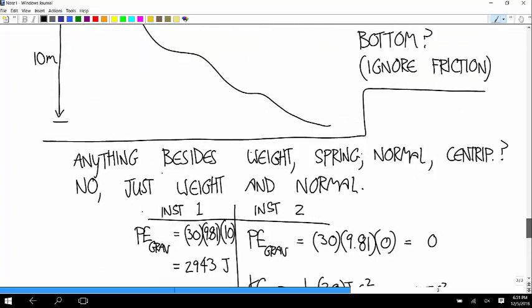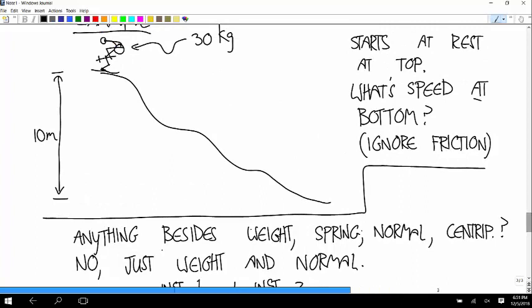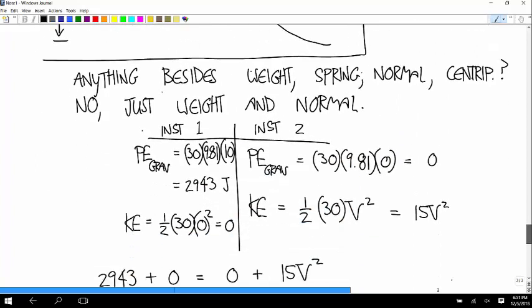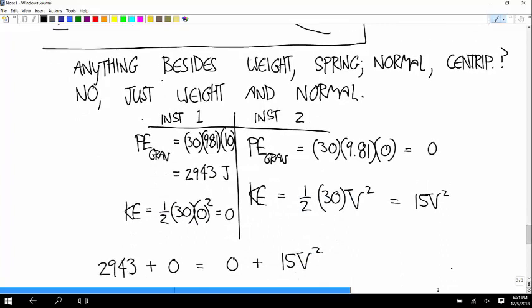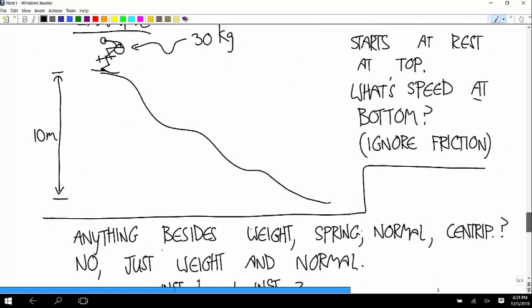So if you have a hill that's 10 meters high, a little over 30 feet high, and you go straight down with no friction, the speed at the bottom is 14 meters per second.